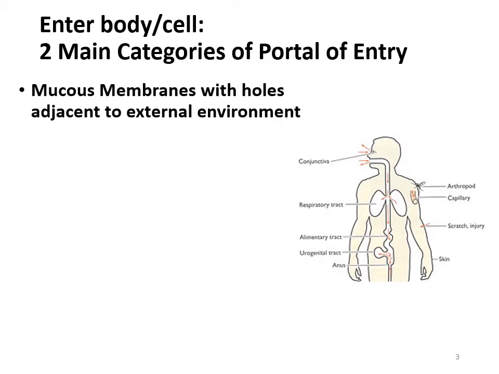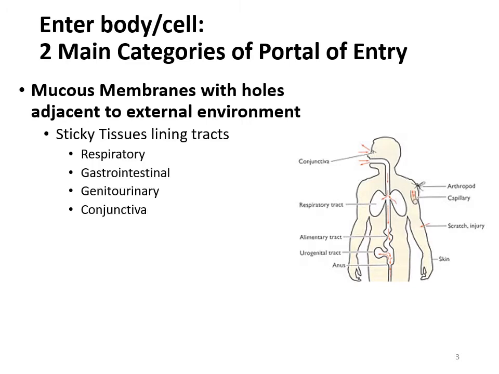The first ones are mucous membranes. Any of the tracts that you see listed here, such as respiratory, gastro, genitourinary, conjunctiva, all of these have holes adjacent to the external environment and allow for microbes to get in. When you look at these tracts, which is going to be the most common and most problematic portal of entry?